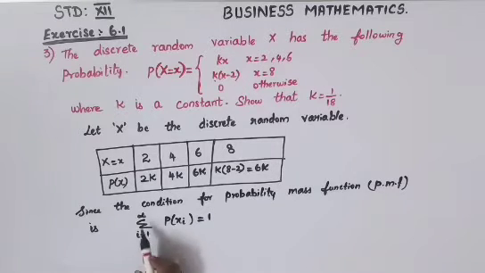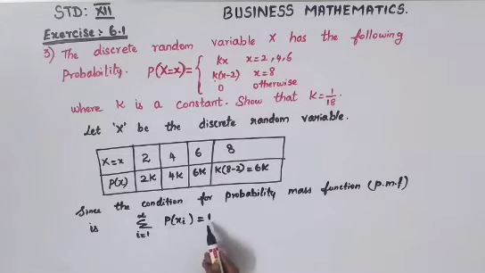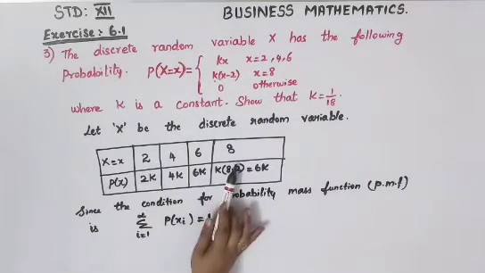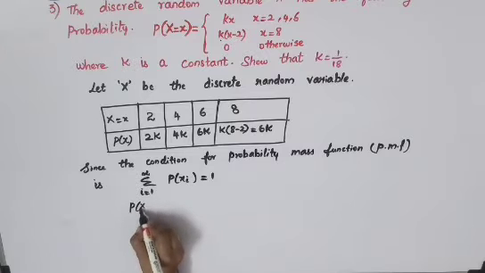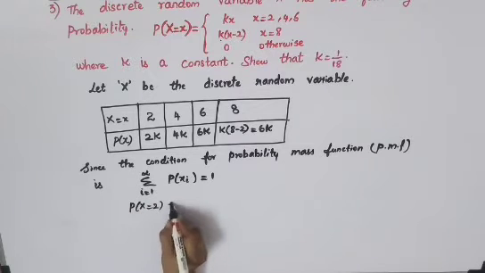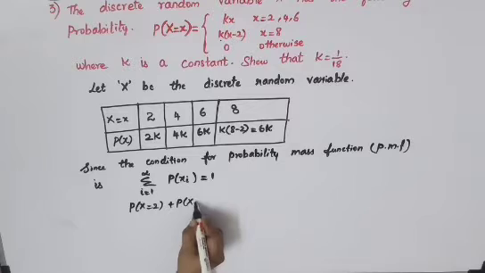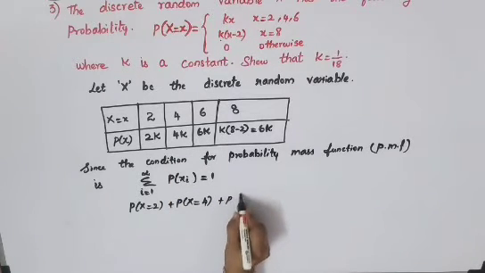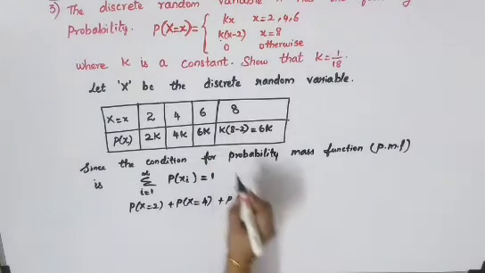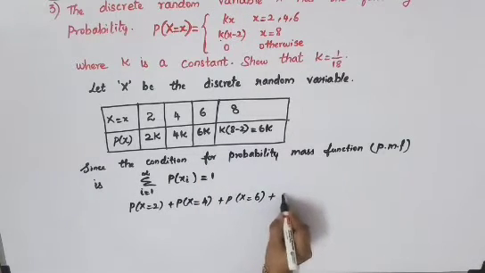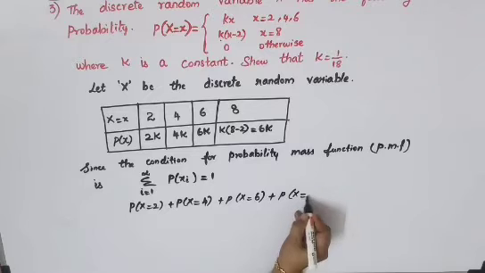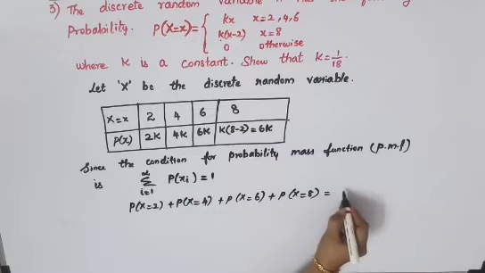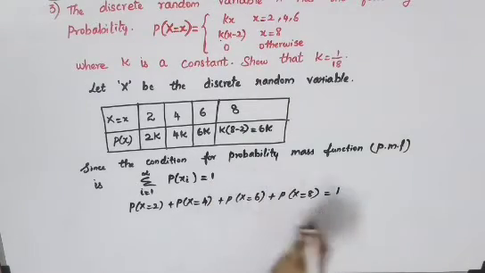So sigma i from 1 to infinity, P of xi is equal to 1, that is your condition. So now we'll have to start from your 2. So 2 to 8, the first value is P of x is equal to 2 plus P of x is equal to, the next value is 4, plus P of x is equal to, the next value is 6, plus P of x is equal to 8. That is what they have given, summation. Okay, so adding all these values, you get your answer, it is equal to 1 from here.